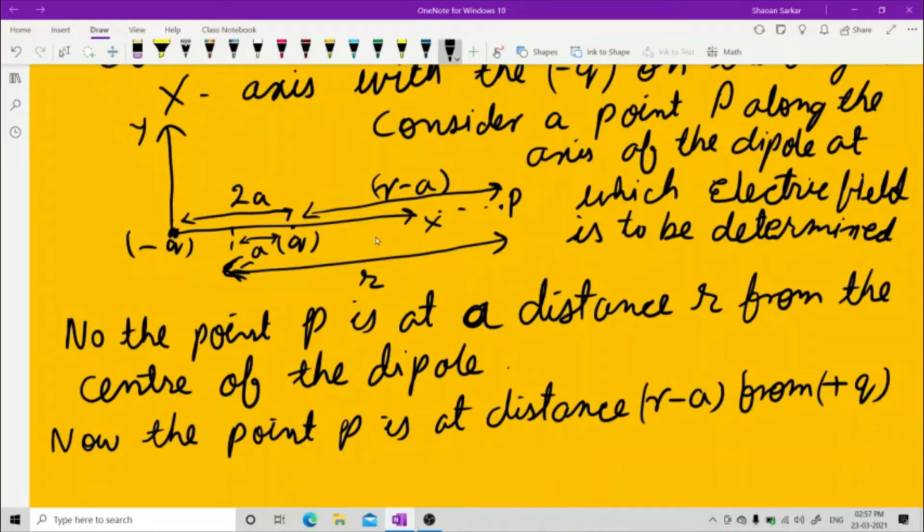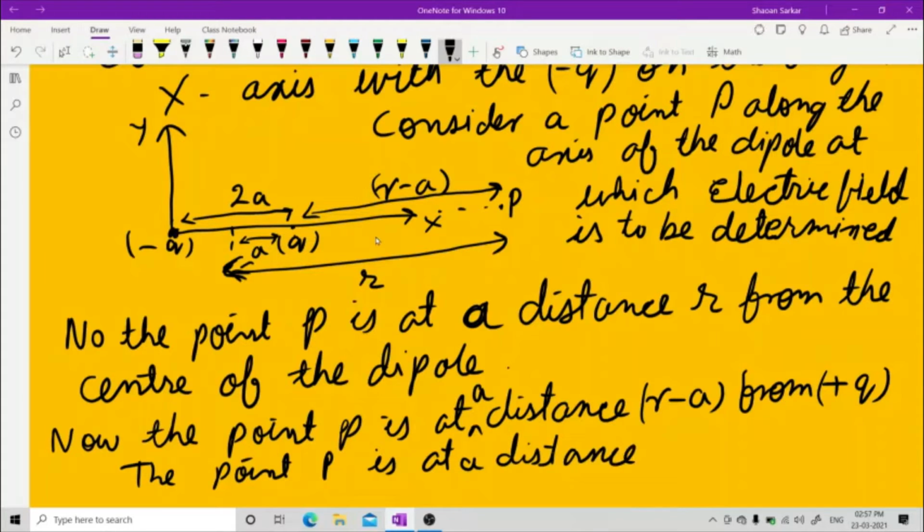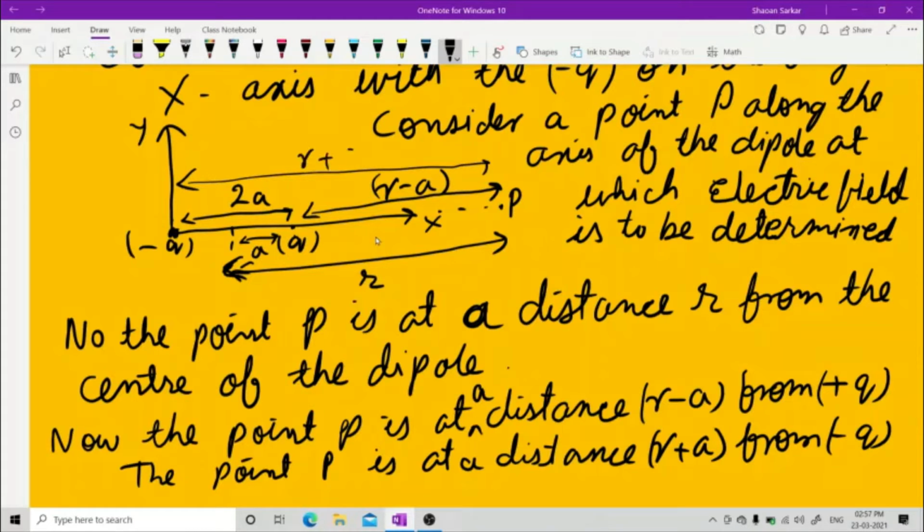The point P is at a distance r plus a from minus q, that is from here till here, it is r plus a.